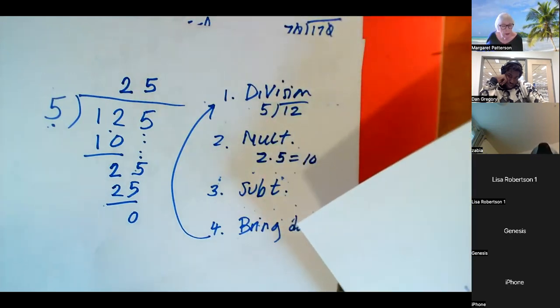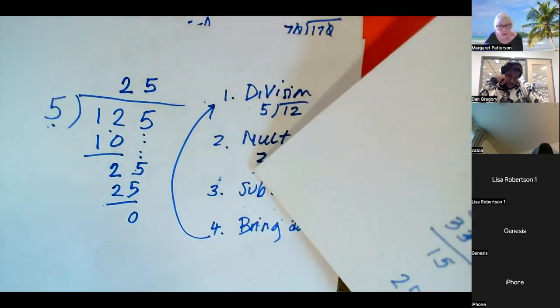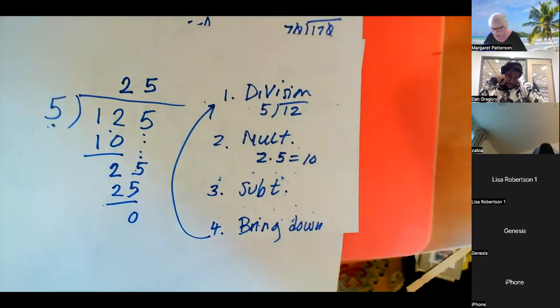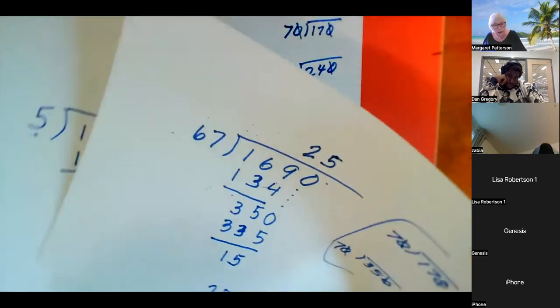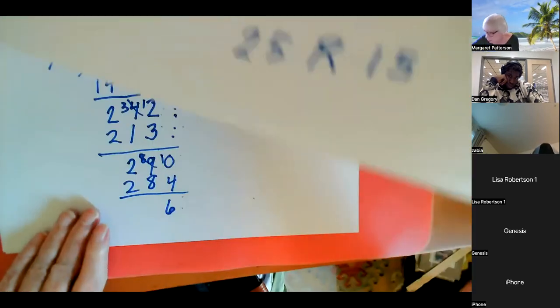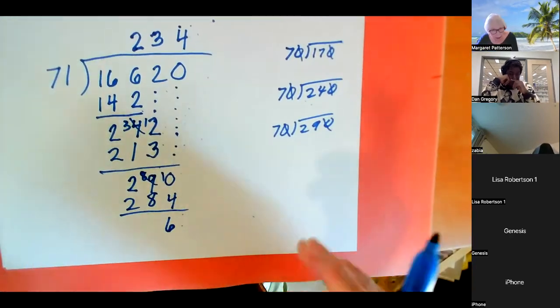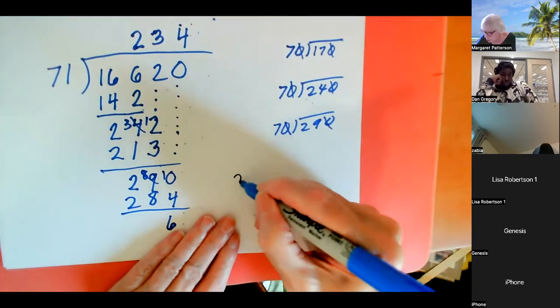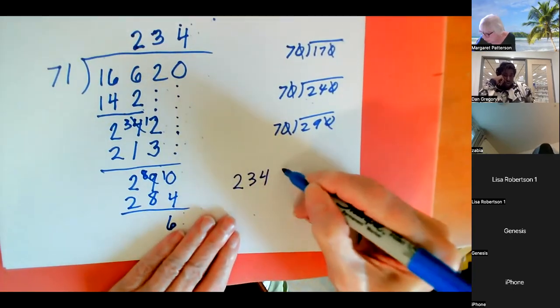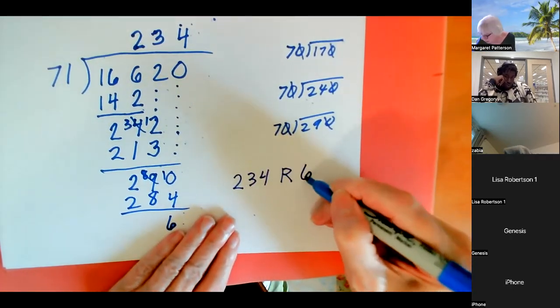This is like a computer program. The fancy word is algorithm, but it's mathematically good. So your answer would be 234, remainder 6.